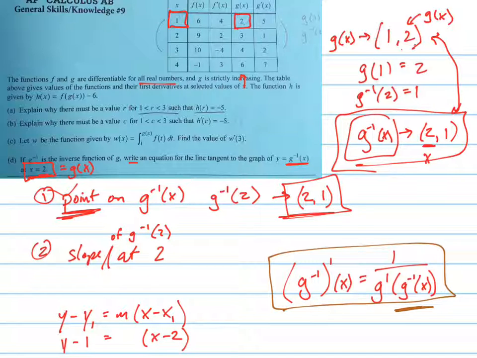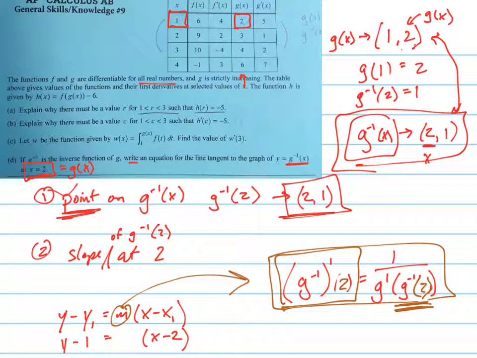Well, what's my x going to be in this case? For what value am I looking? I'm looking for 2. So this, which is my slope, the m, is equal to 1 over, well, I've got to start on the inside.